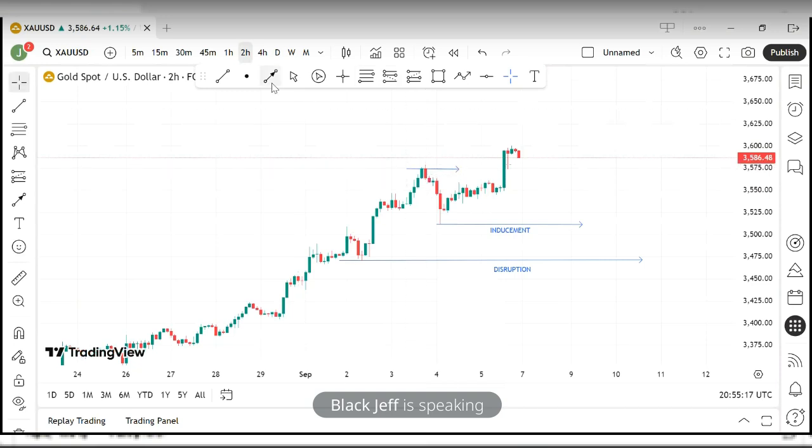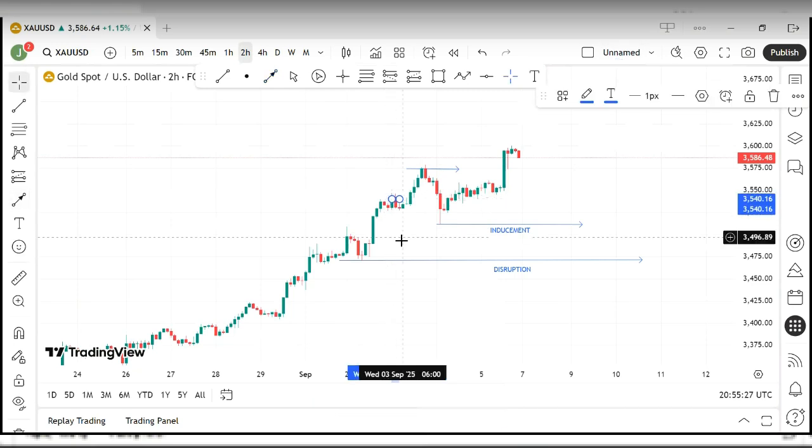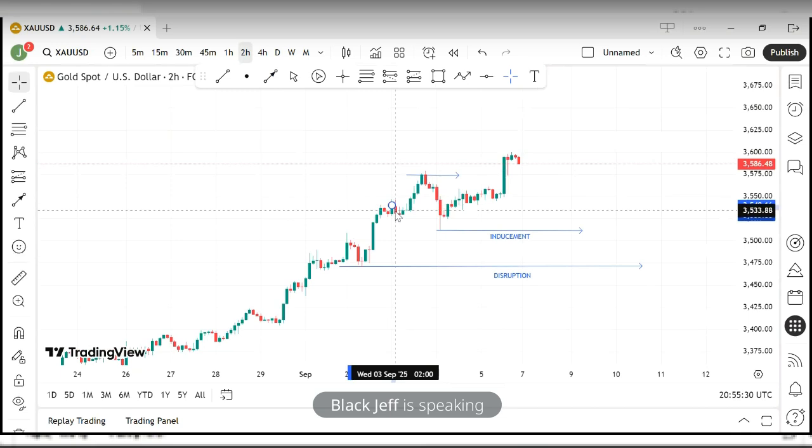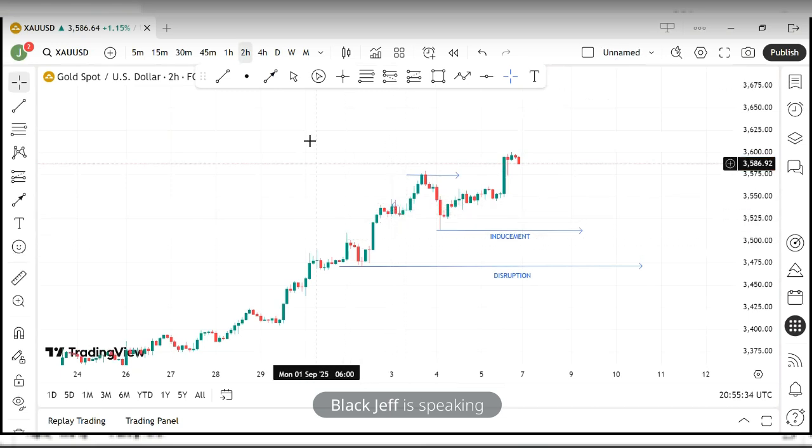Another one again is this. Let me find more examples for you. These two here are also resistance key levels. This one here too. These two guys here are also resistance key levels.